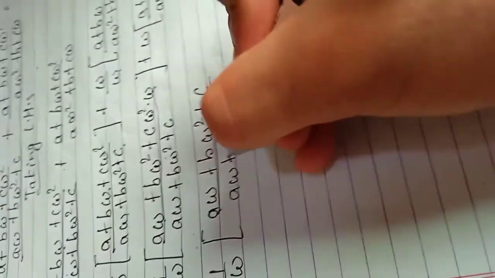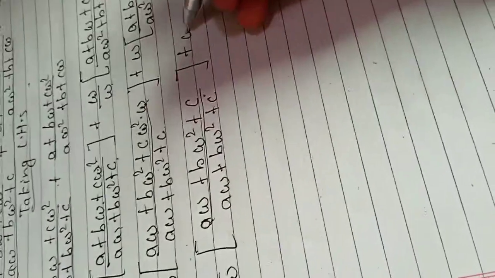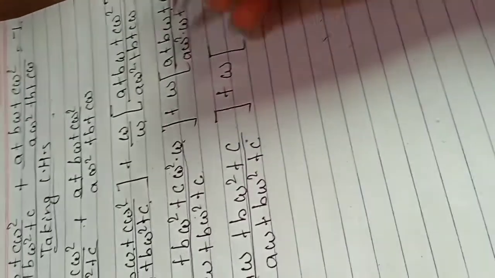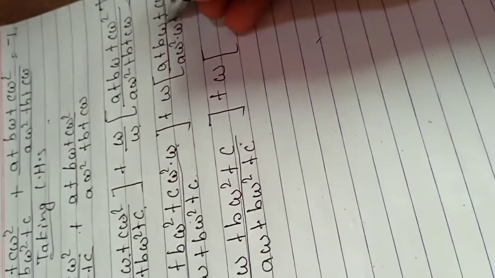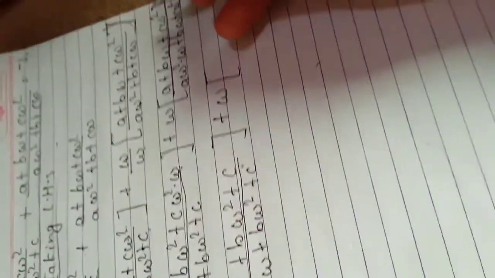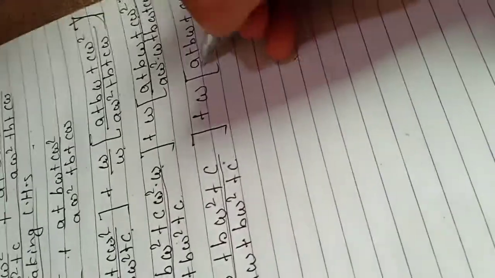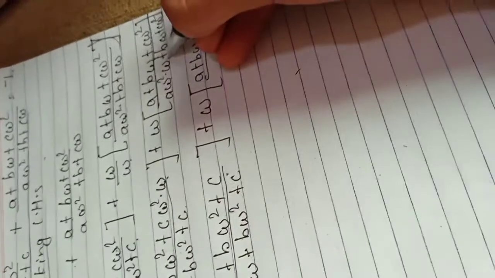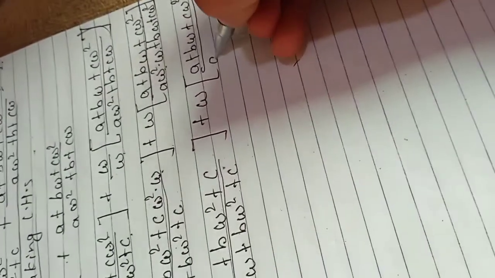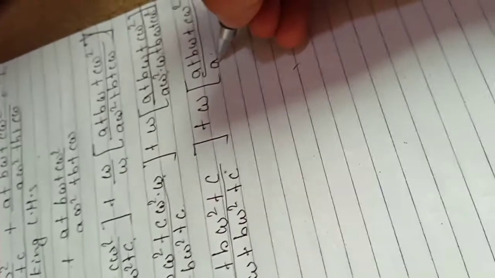Then a omega plus b omega square plus c, plus omega here, a plus b omega plus c omega square. Then also downward, omega square dot omega cube, omega cube into 1, a directly, then omega plus c omega square, I have already multiplied that.